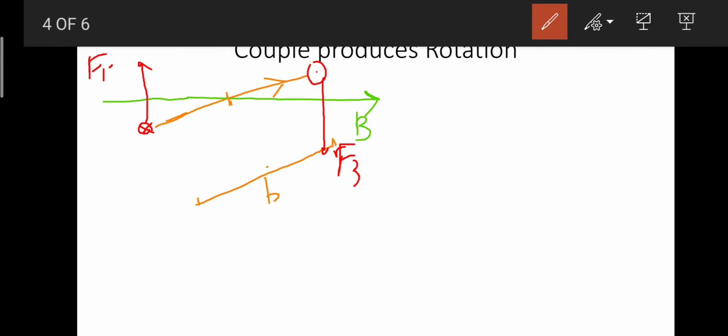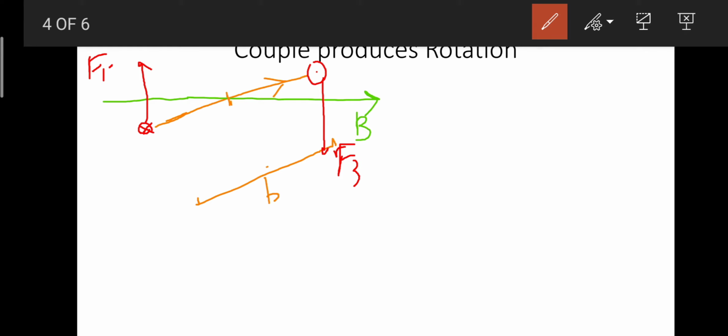So here you can see the direction of the forces F1 and F3. F1 is acting into the page, but through the top view, if I observe it, it would be moving ahead, that is, moving away from us. And in top view, if I observe F3, it would be towards me. So this is from the top view.